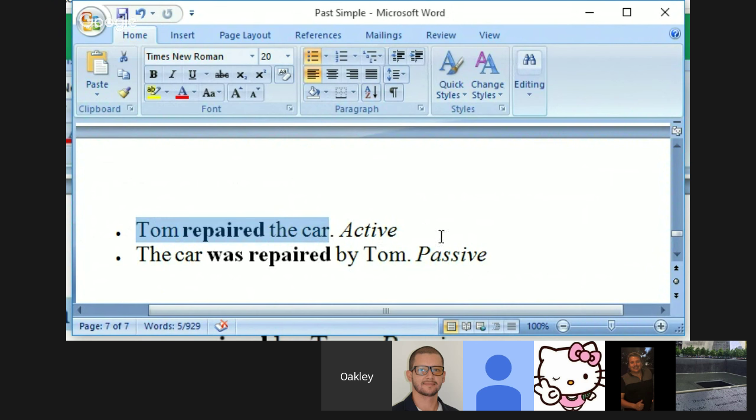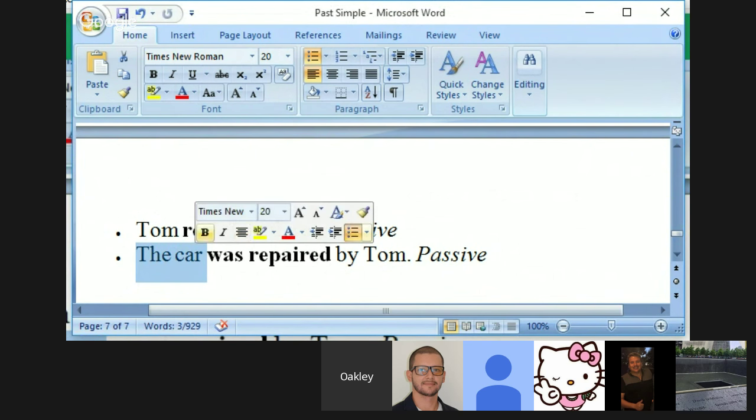In the active form, Tom does the action, he's the subject. The action is performed on the car. That's our object noun. In a passive, the car is now the subject, but nevertheless, the action happens to the car.